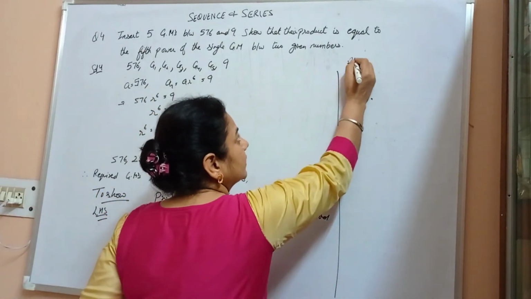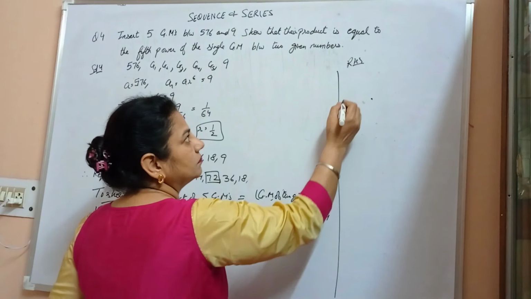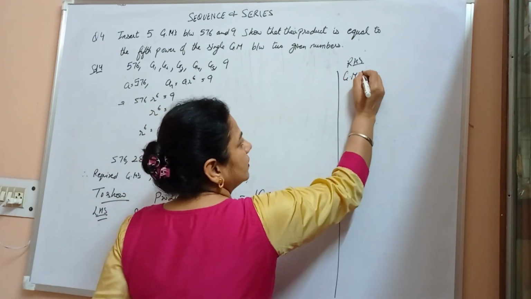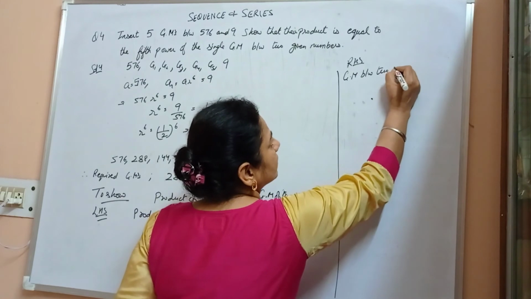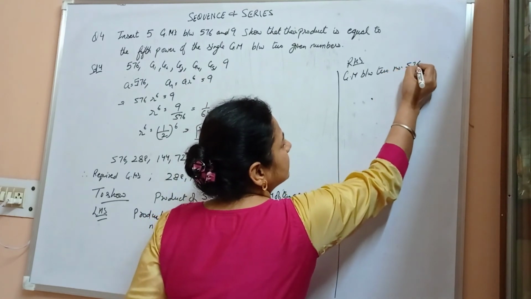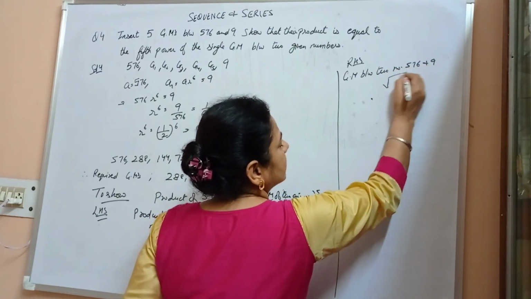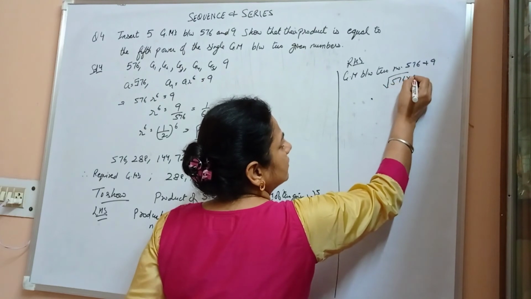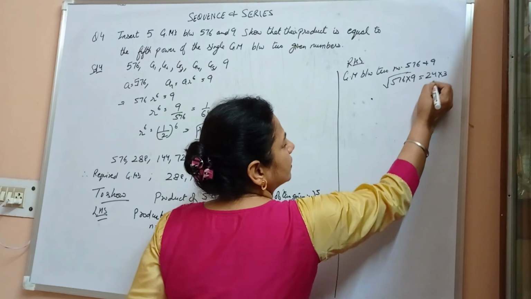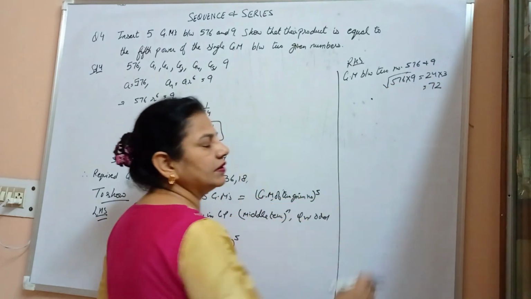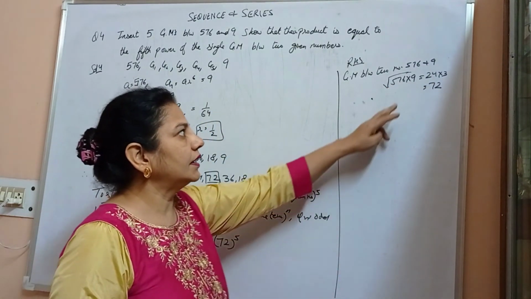Now the geometric mean of the two given numbers is the right hand side. We prove that for the right hand side. The geometric mean between the two numbers 576 and 9 is given as under root of 576 into 9, which is equal to 24 into 3, that is 72, as 576 is a square of 24 and 9 is a square of 3.